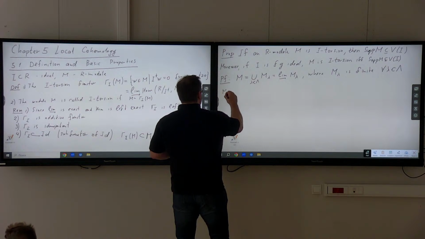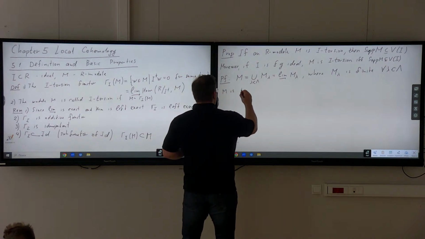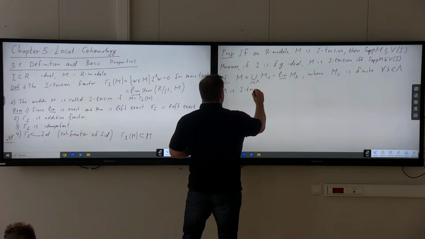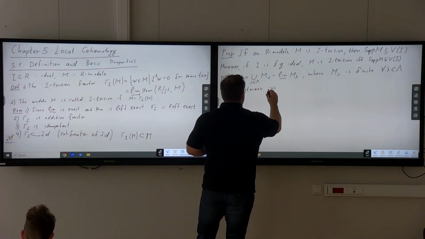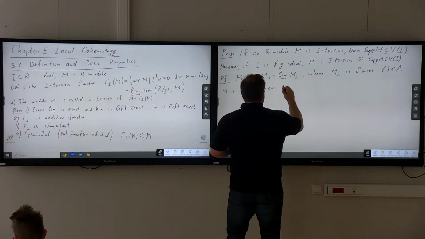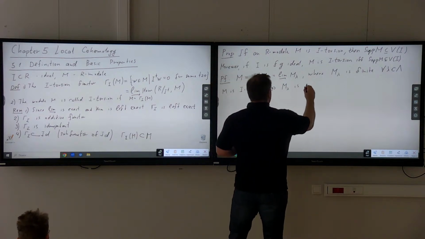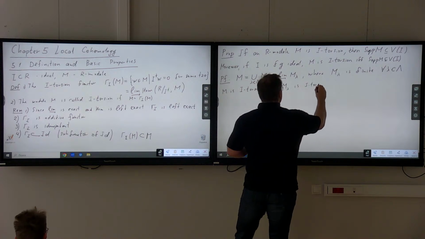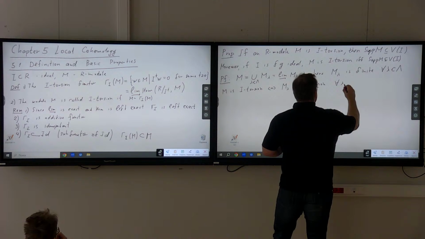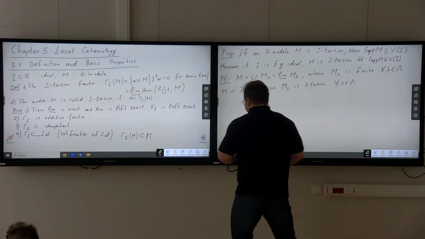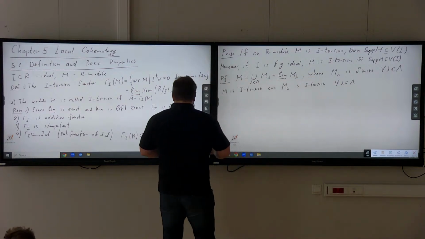So M is I torsion if and only if M lambda is I torsion for any lambda in the indexing set, big Lambda.